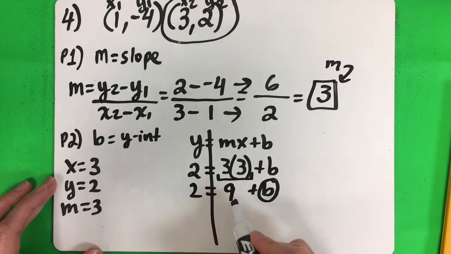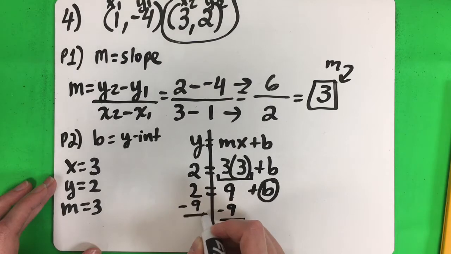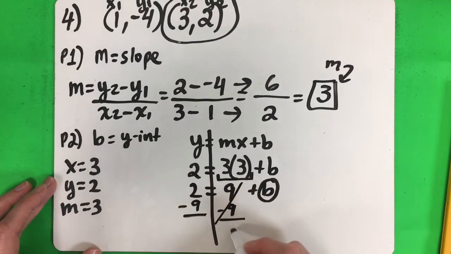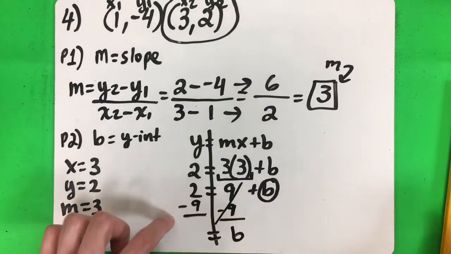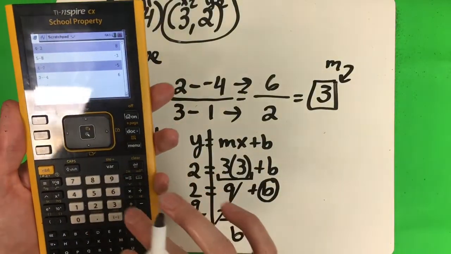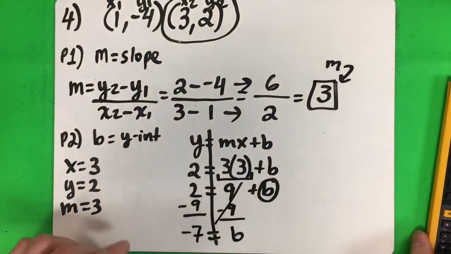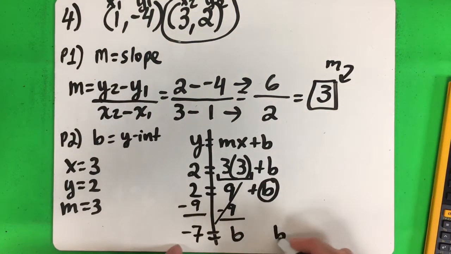This is positive. The opposite is negative. So minus 9. Copy minus 9. This cancels. I get b equals 2 minus 9, negative 7. And switch. So I got b equals negative 7.